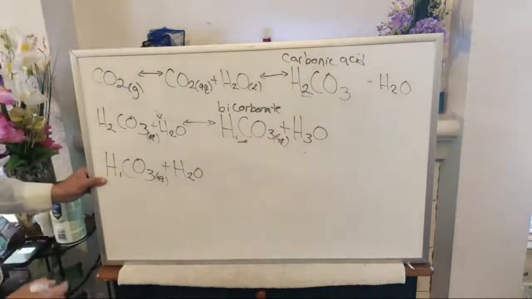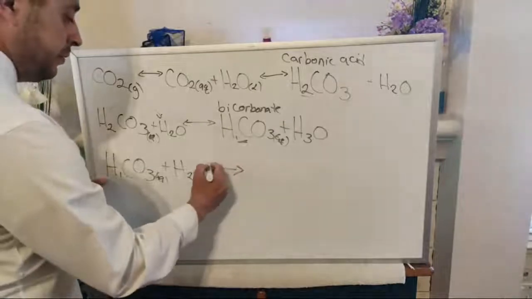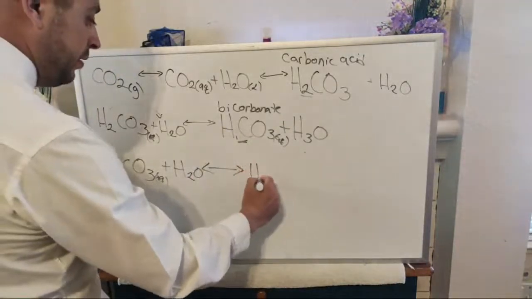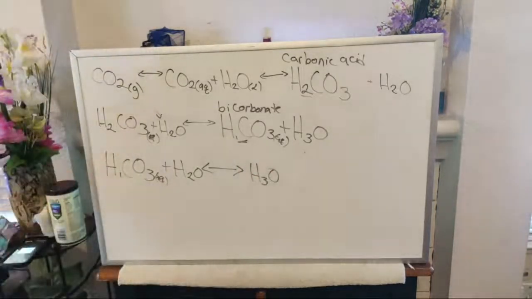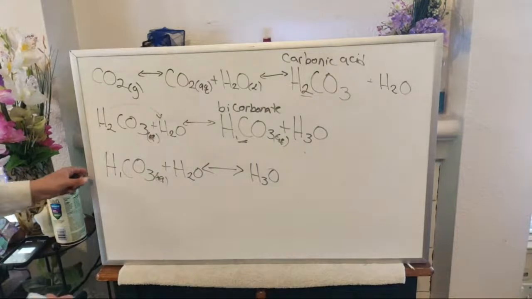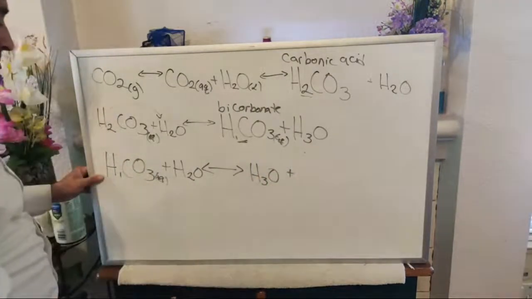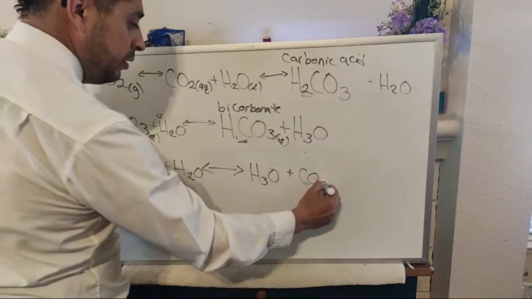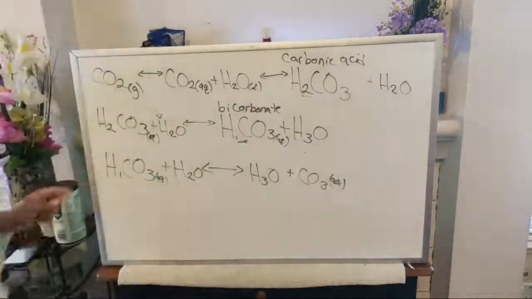All right. So let's say it does another reaction. And then you form some more H3O, right? Plus CO3. And like I said, if I mess up, let me know, guys.